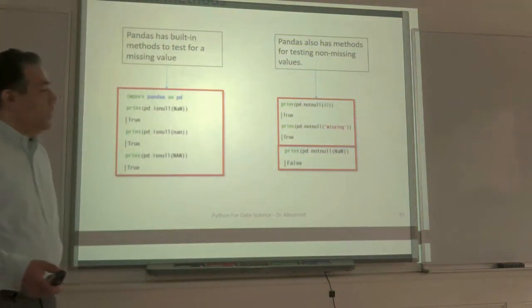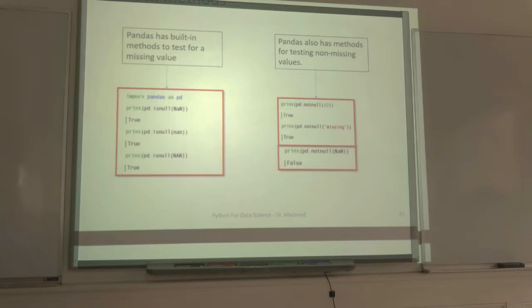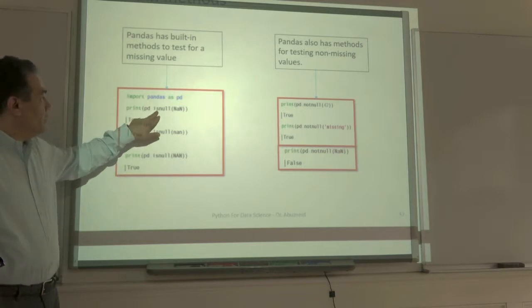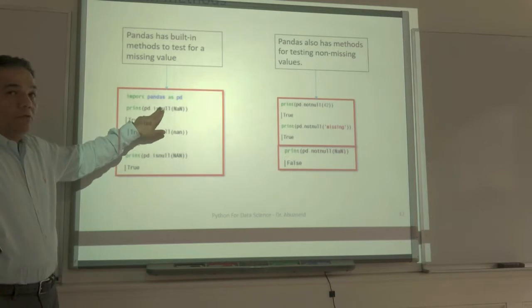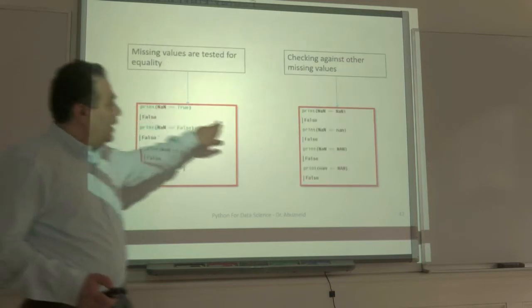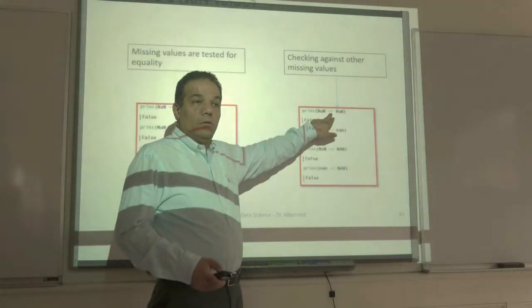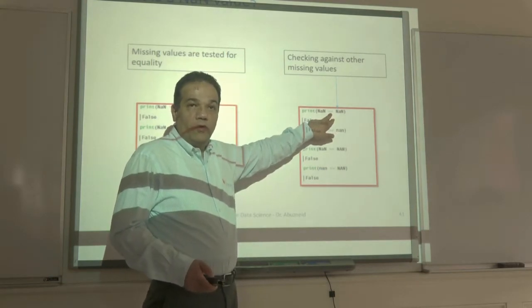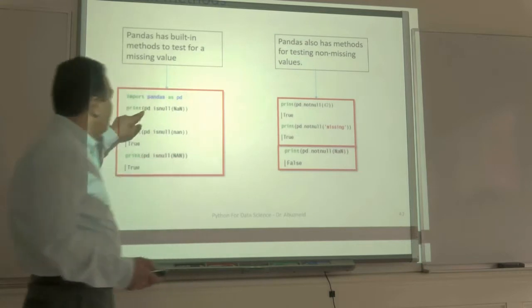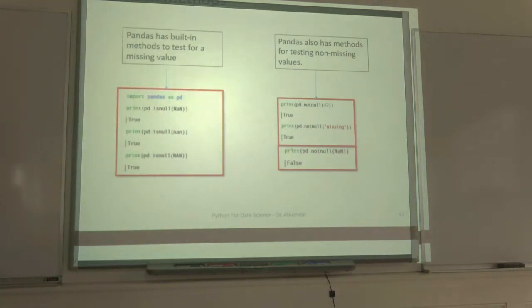Pandas will provide you with methods for that. You don't check it with the equality check. It will not get you anywhere. You have to check it with the methods provided by pandas.